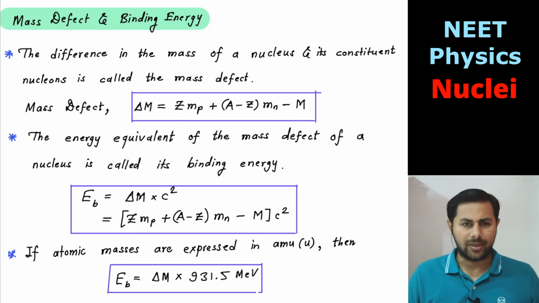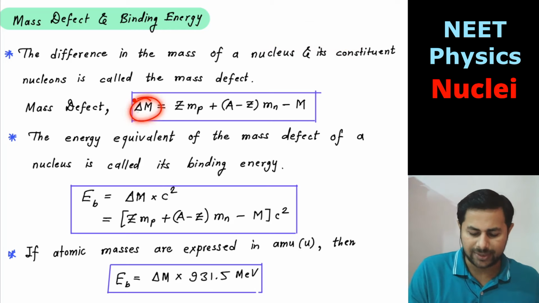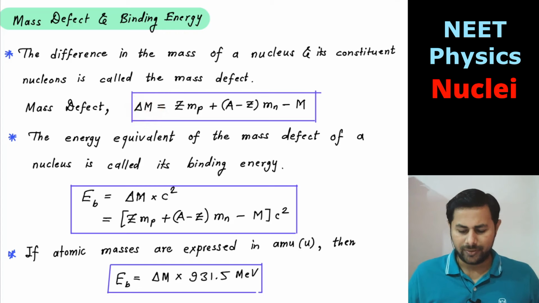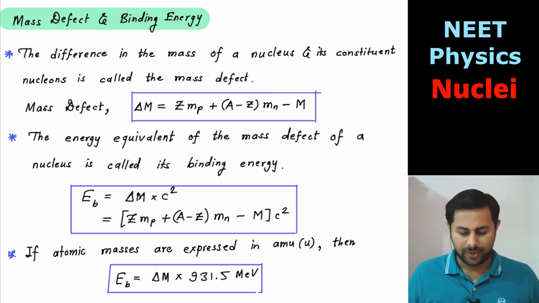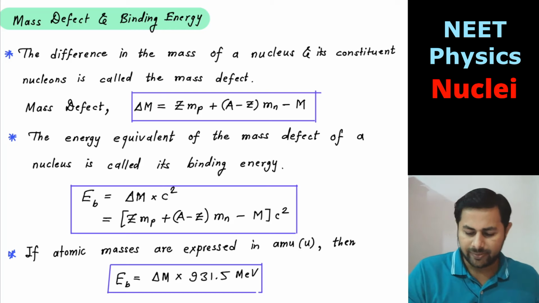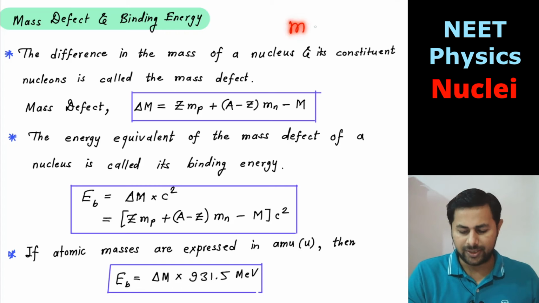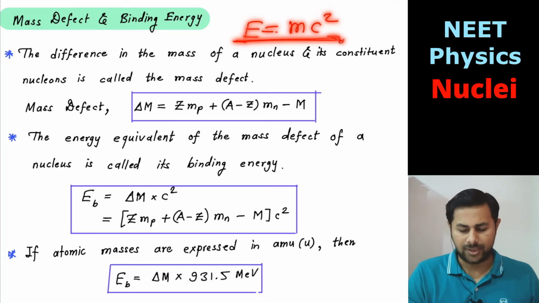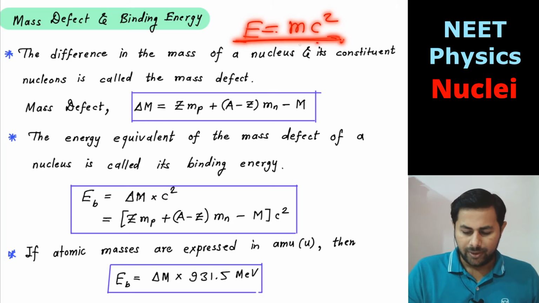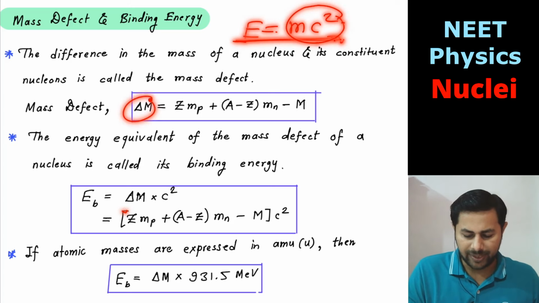And where does it come from? It comes from this mass defect, right? There is Einstein's mass energy relation, E is equal to mc square. Using that relation we can say that energy equals this mass defect.